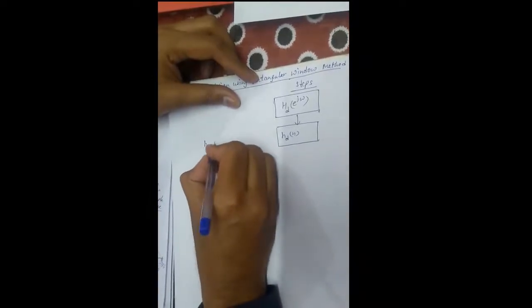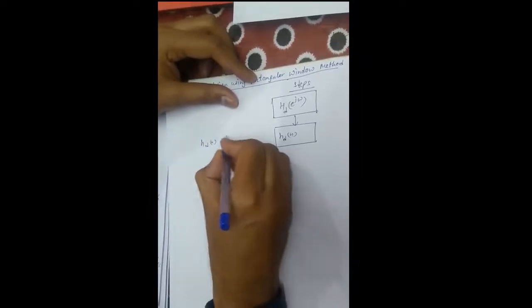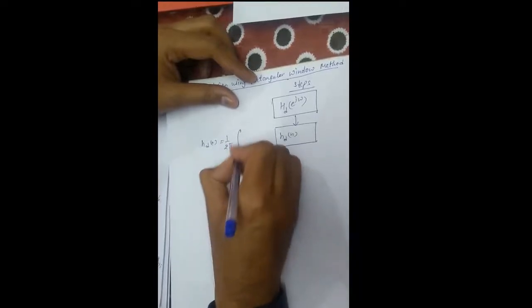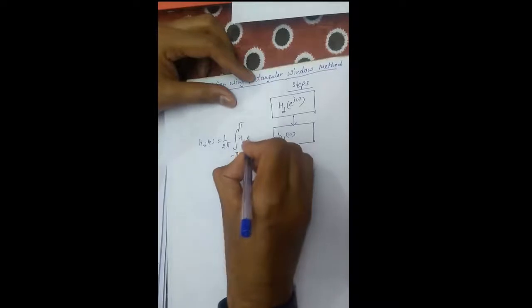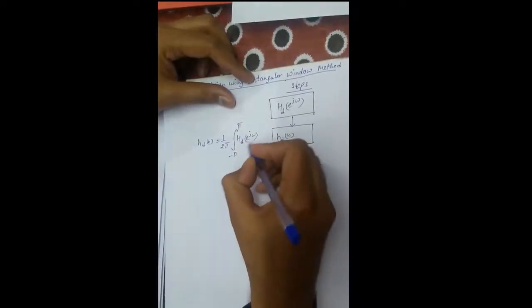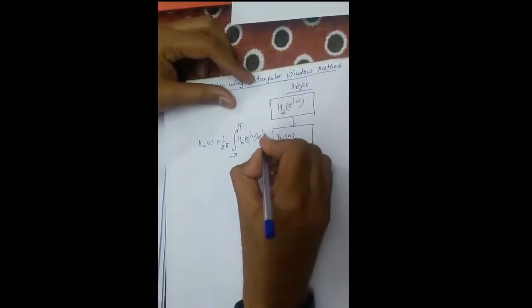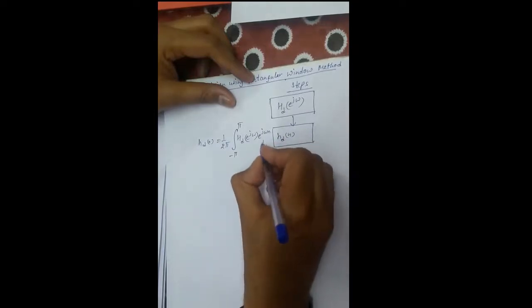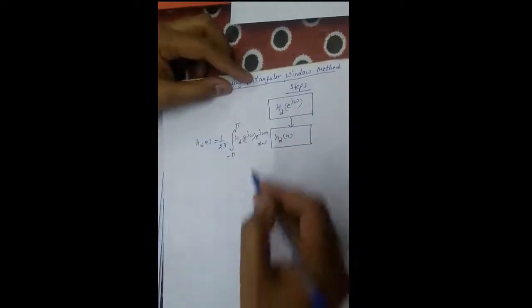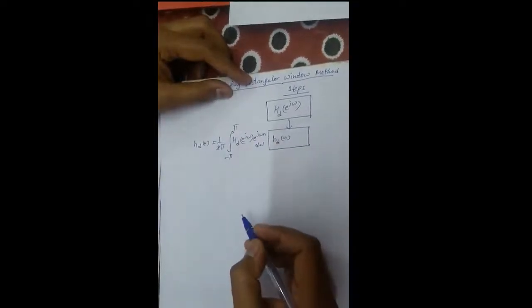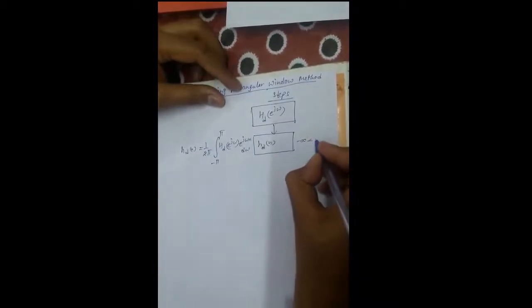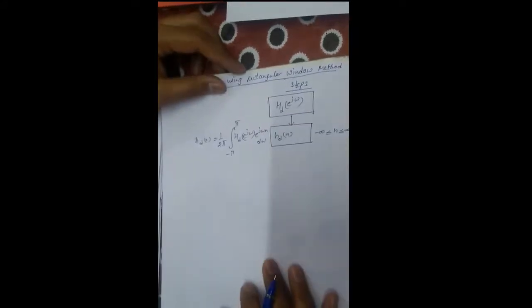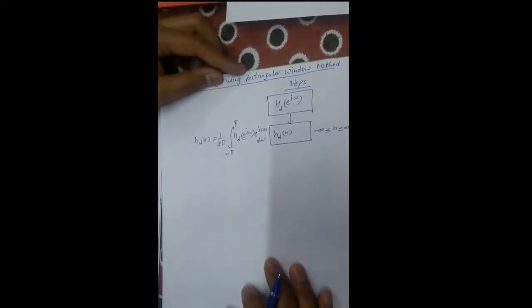That is, hd[n] is equal to 1 upon 2 pi, integral of Hd(e^jω), the desired response, multiplied by e^jωn dω, and the limits will be minus pi to pi, that is discrete time.